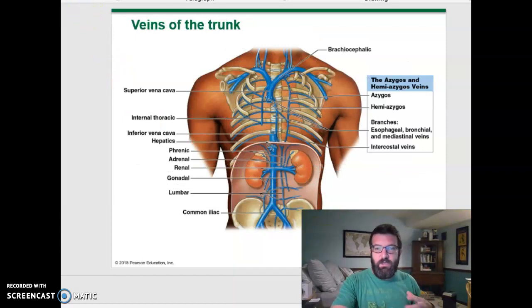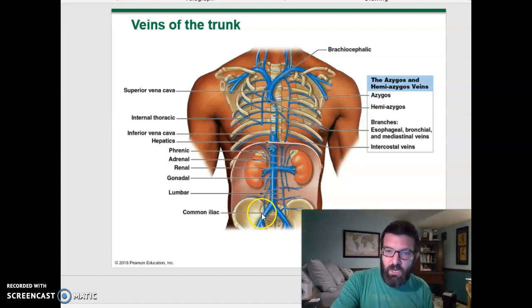Now, flipping around and looking at your veins. Okay, your veins, coming from the bottom up, you're going to have common iliac veins, which are formed when the internal and external iliac veins come together. Again, we'll look at the legs in a bit. Those common iliac veins, right and left, will come together to form your inferior vena cava. And all of these veins of the abdomen will dump into the inferior vena cava, right?